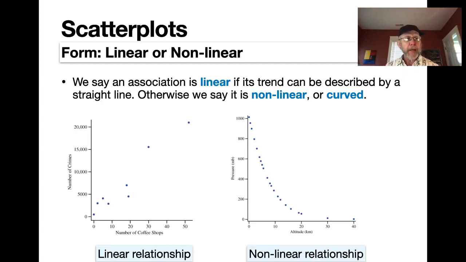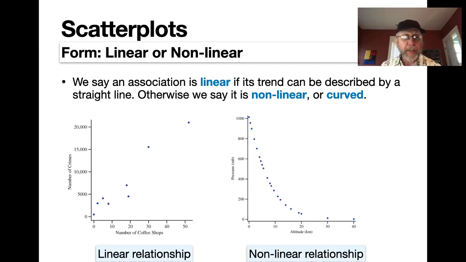Because you can imagine a trend line going through there that would have a pretty high predictive power. On the other hand, this reminds us that just because you have an association doesn't mean there's a cause and effect relationship. I don't think anyone would seriously countenance the idea that more coffee shops cause higher crime rates. There's probably a lurking variable here.